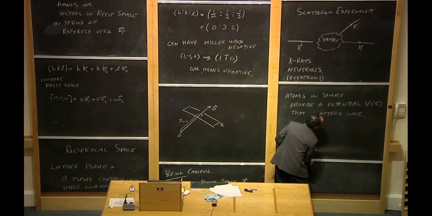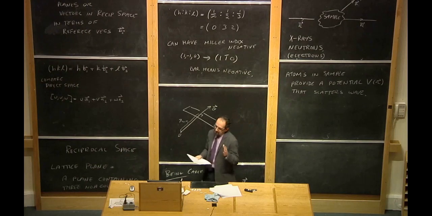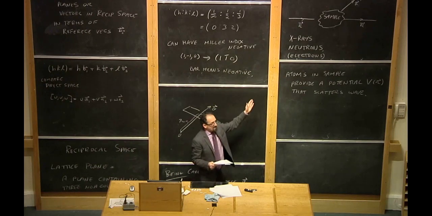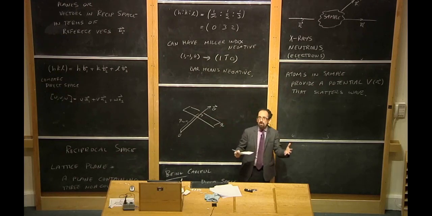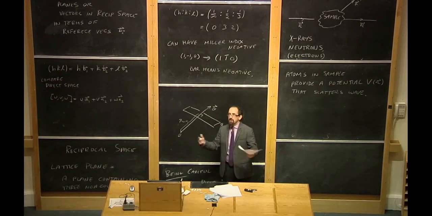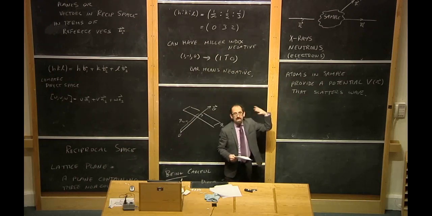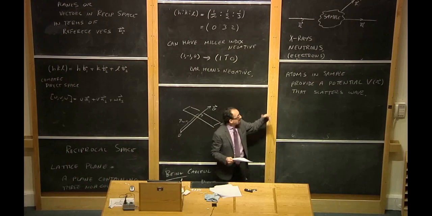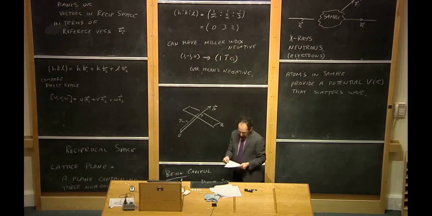And our objective is actually a bit of an inverse problem, where instead of trying to calculate what the potential does to the wave, much more frequently we're told what the wave has done. We've measured what the wave has done, and we're trying to deduce the potential. The potential is going to tell us where the atoms are in the material, and we're trying to deduce that from observing what physically came out of our sample.